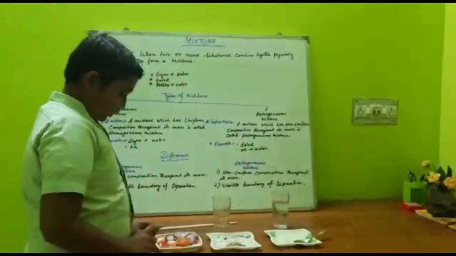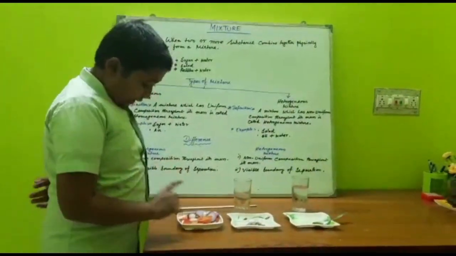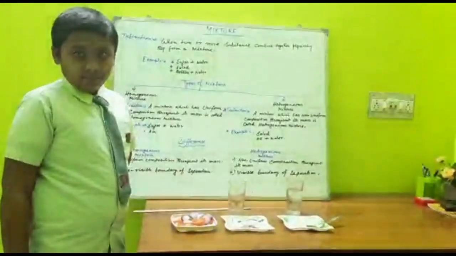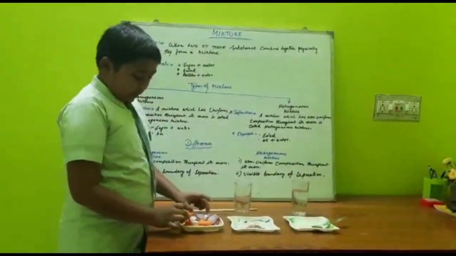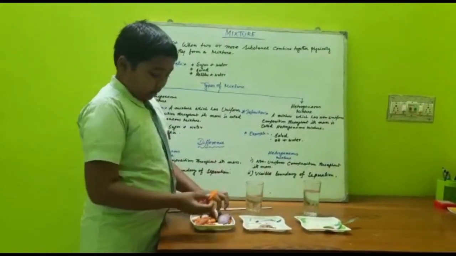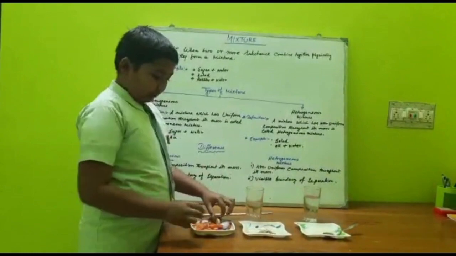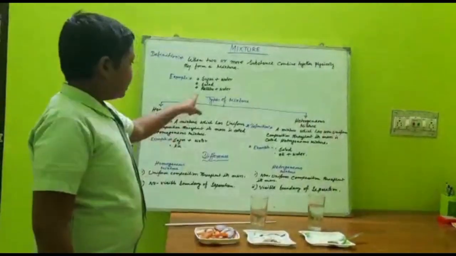And now salad. Can you guess why salad is a mixture? Because there are many types of vegetables such as onion, tomatoes, carrots, radish, etc. So this is also a mixture. Now pebbles and water.